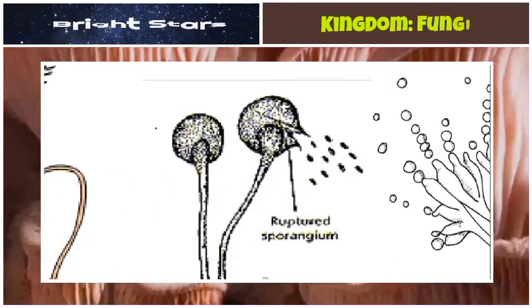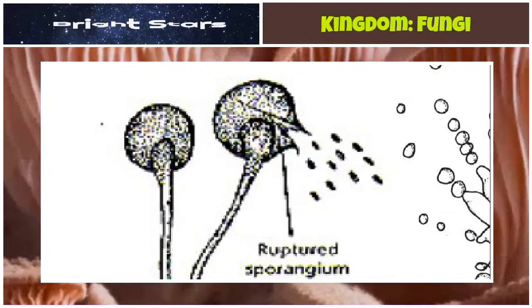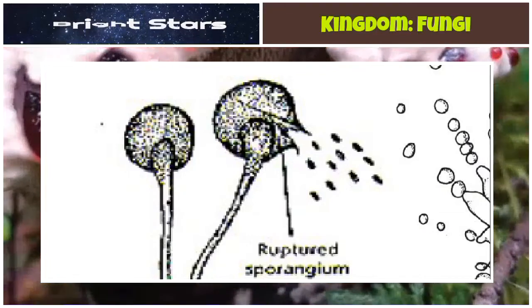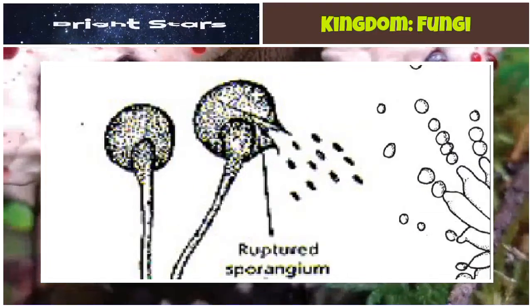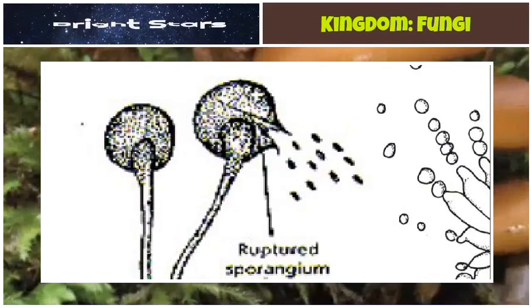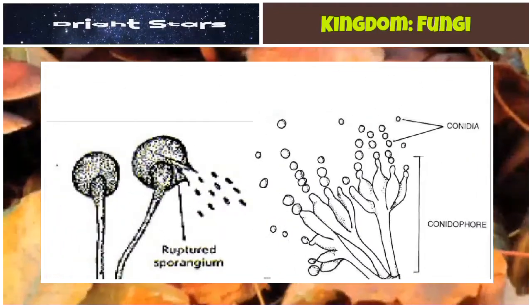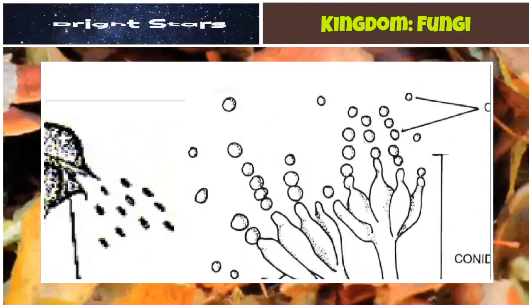So here you can see sporangiospores. Spores formed within the sporangium are called sporangiospores. They are aplanospores. They don't move by themselves. They are moved with the help of air currents or water currents. So here conidium is a structure like this.